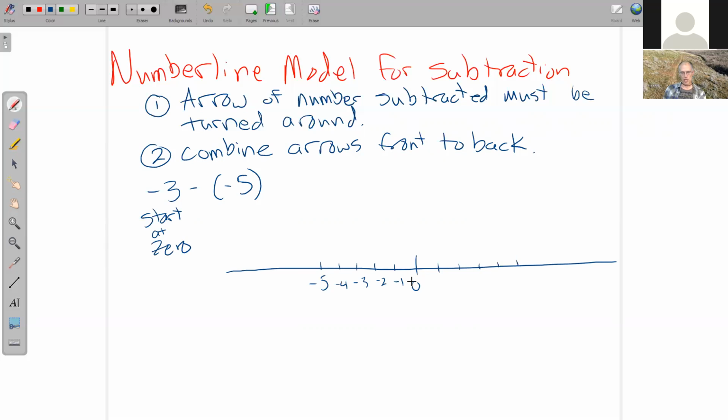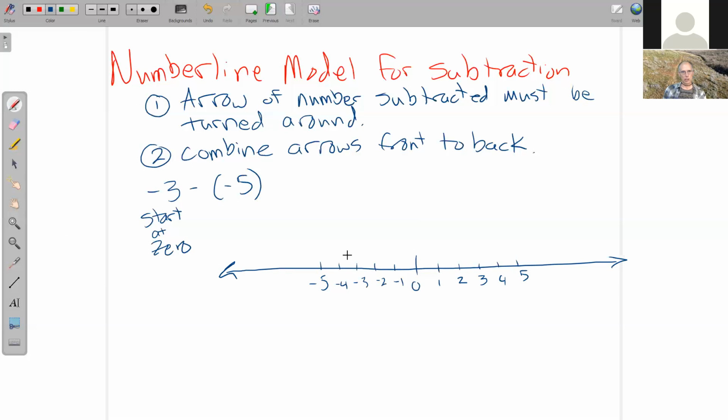And with kids, we would have number lines on the desk that they could play with, or some pre-done number line on the screen that they could play with. Kind of like in some of your homework problems where I had the number line on the screen already and you just kind of had to play around with the arrows.